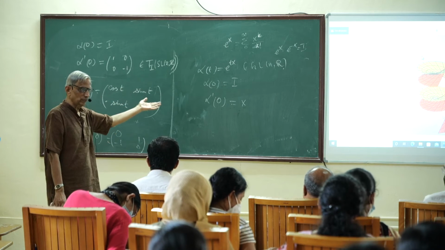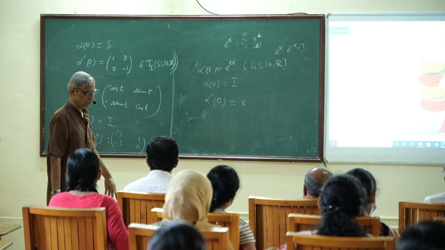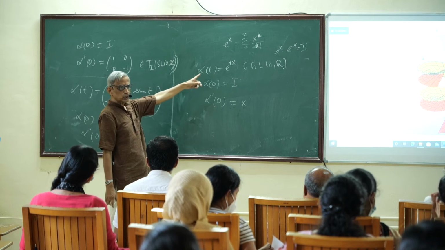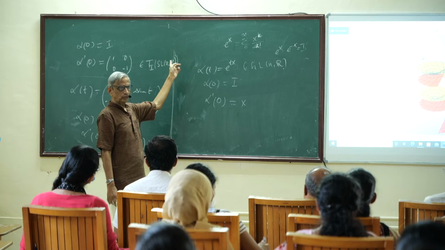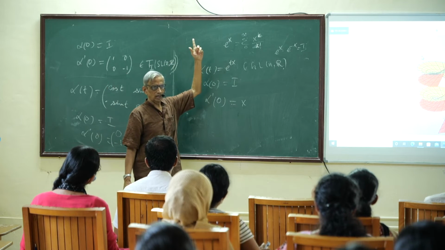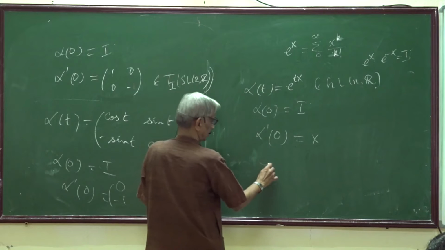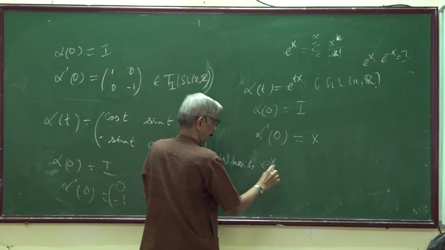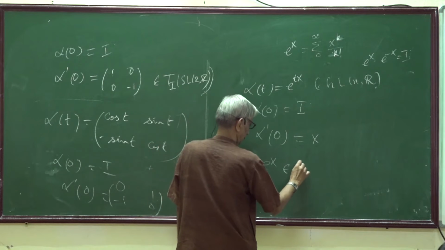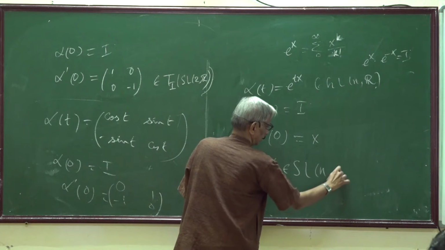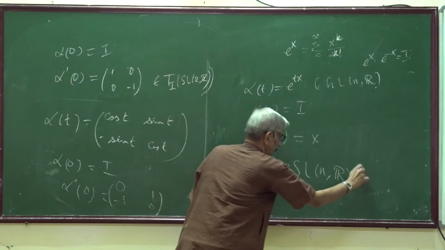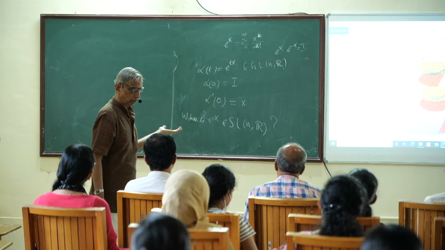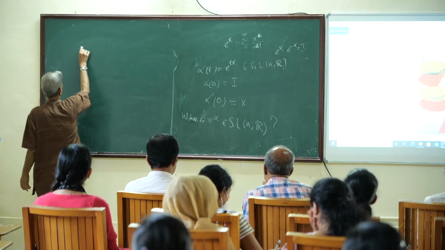It is an n square dimensional manifold in n square dimensional space. So you want this to be in SL2R, or SLnR. So when does this belong to SLnR? Meaning, when is the determinant of e power x equal to 1? For what x?